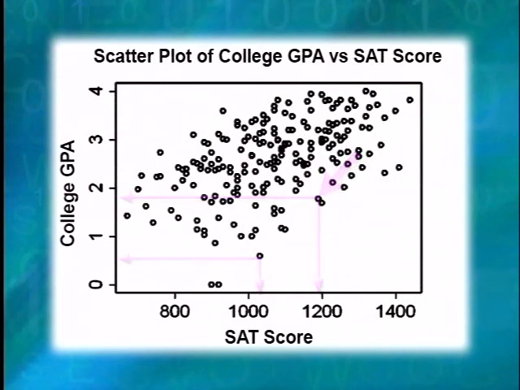And this scatter gives you a sense of the extent to which a change in the SAT score is correlated with a change in the grade point average. And in fact, we can summarize that in a helpful way by drawing a straight line that tries to capture the direction that those 2 things are going.